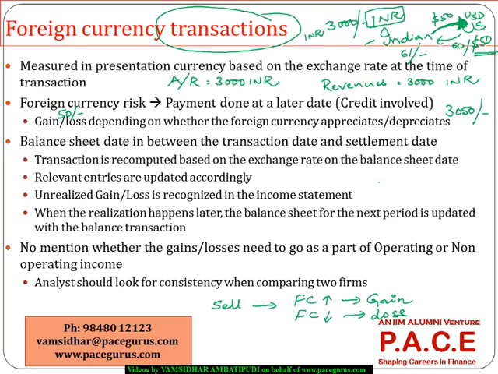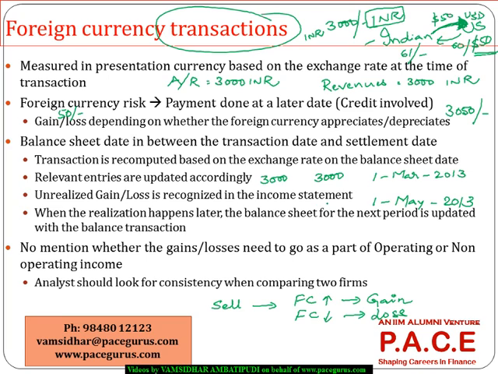So let me assume that we have made a sale on 1st March 2013, and of course there is a 2-month credit period. So I am going to receive the payment on 1st May 2013. On 1st March 2013, there will be a transaction entry saying revenues is 3000 and accounts receivables is 3000.